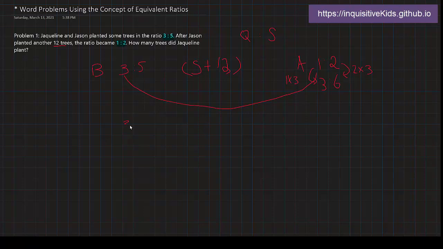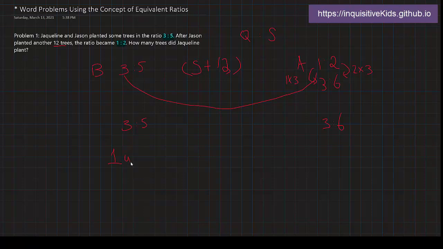Now the ratios are 3:5 and 3:6. Now it's much easier to compare them because they are based on the same unit. Well, going back to what we were talking about before, we know that we need to figure out what 1 unit is.